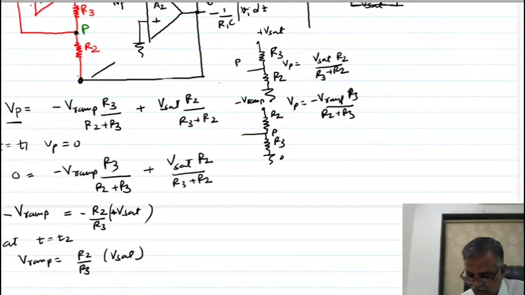As Vp is 0, from this equation you take this on this side and this will be cancelled. I am keeping the minus sign because I want to find the peak to peak voltage. That's why I did it like this.